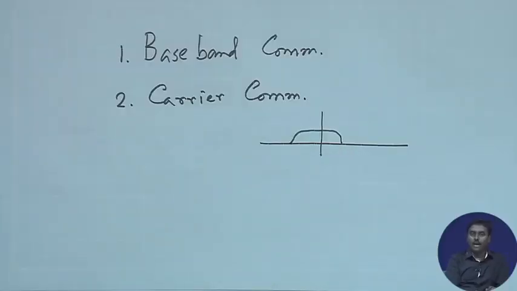Baseband communication means we actually transmit it as a low pass signal. If in the frequency domain we try to see, it will occupy some low pass band. That is generally called baseband communication.